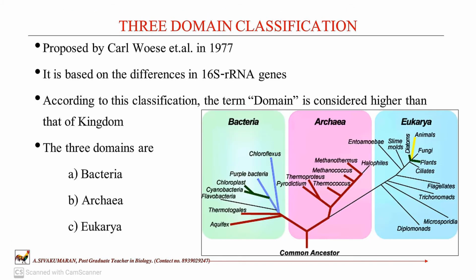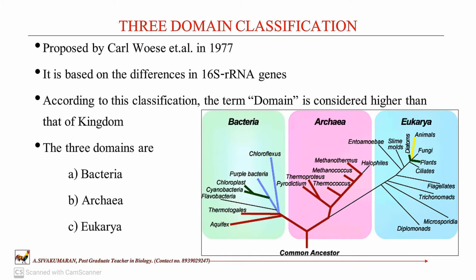The three-domain classification of Carl Woese in 1977 is based on the single-stranded ribosomal RNA gene. So according to the differences in that particular RNA, the organisms have been classified. So he used the domain, which is considered higher than the kingdom.